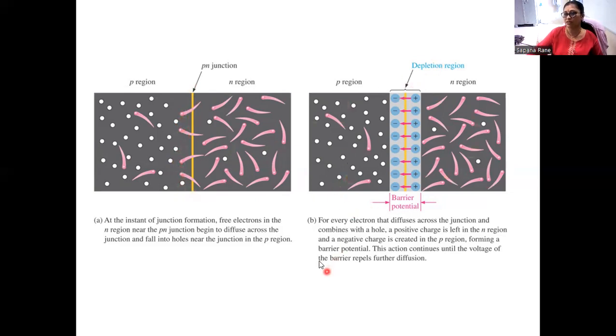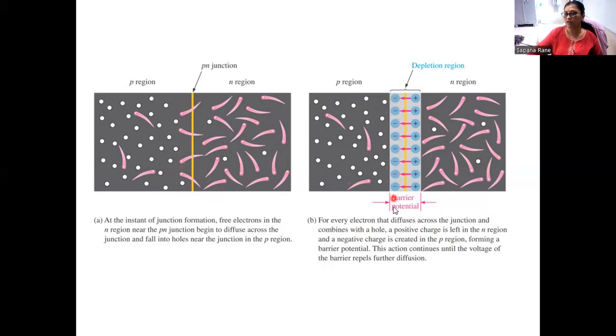Now, if you see this diagram, you can observe that for every electron that diffuses across the junction and combines with a hole, a positive charge is left behind in the N region and a negative charge is created in the P region.